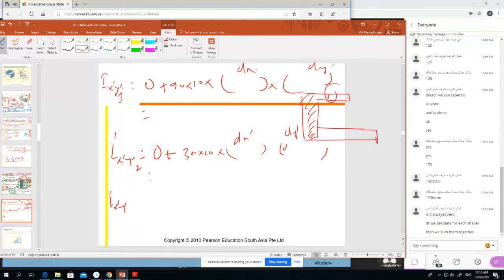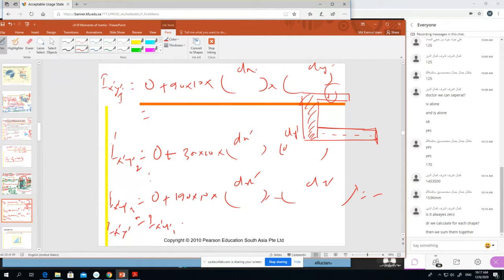Then similarly section 3, again this will be 0 plus, what is the distance here? It is 119 into 10. Similarly you calculate dx prime and dy prime, and then you get something. Then the final answer is Ix prime Iy prime equal to Ix prime Iy prime 1 plus Ix prime Iy prime 2 plus Ix prime Iy prime 3.